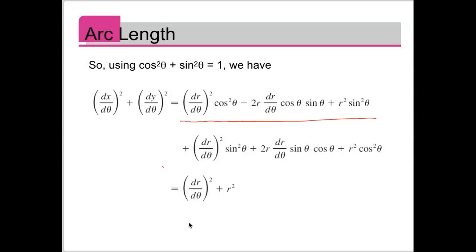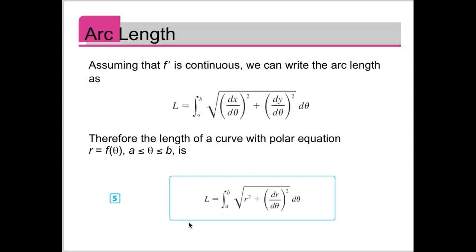But when you add those together, you end up with this long algebraic expression that you can simplify down using trig identities to this. So it simplifies down to dr d theta squared plus r squared. And so then my formula becomes arc length is the integral from a to b of the square root of r squared plus dr d theta squared d theta.